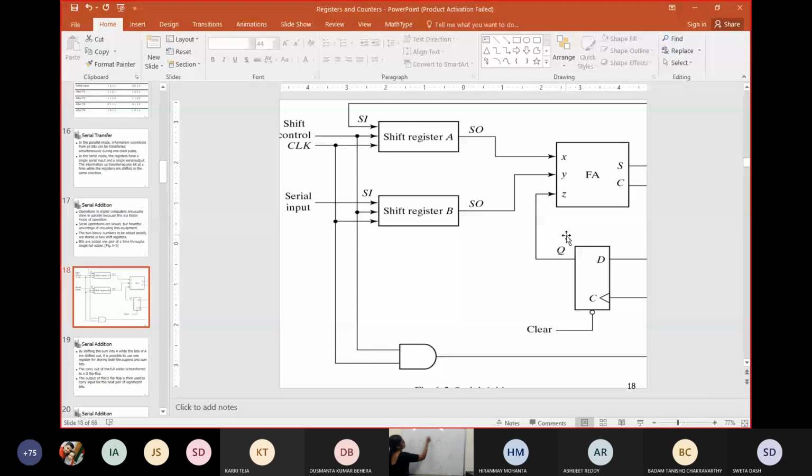A1, A2, A3, A4. Okay. B1, B2, B3, B4. Right? Let us consider A's are supplied from register A, B's are supplied from register B.